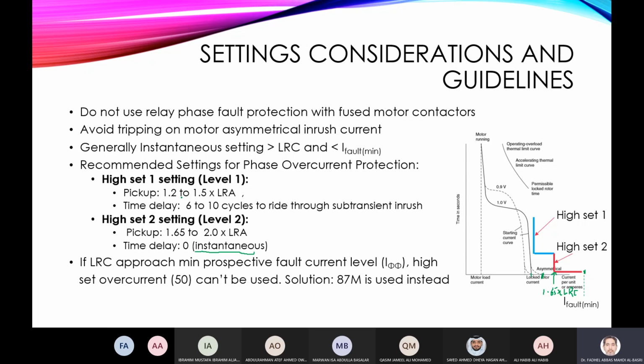So as you can see here, because of this, it has an asymmetrical current. You put my setting here where I have a starting current here. I need to wait for this asymmetrical starting current to decay. So I need to wait up to here. So this time setting has to be greater than the asymmetrical starting current time.